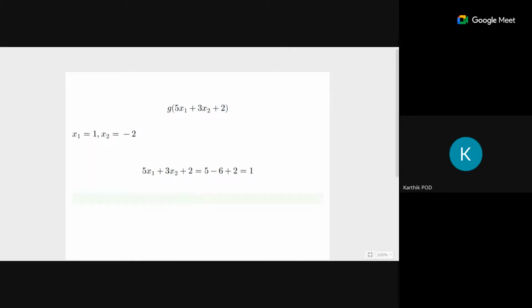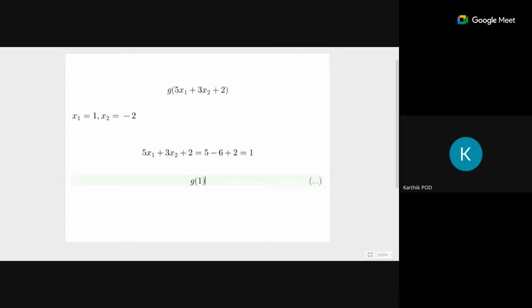So now the output computed at the hidden neuron is g of 1.